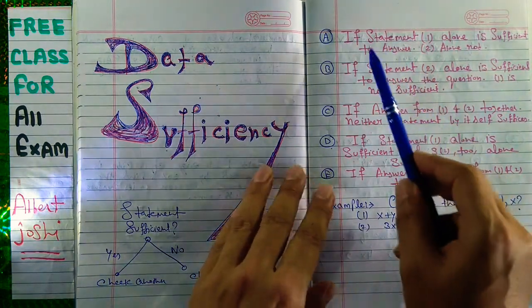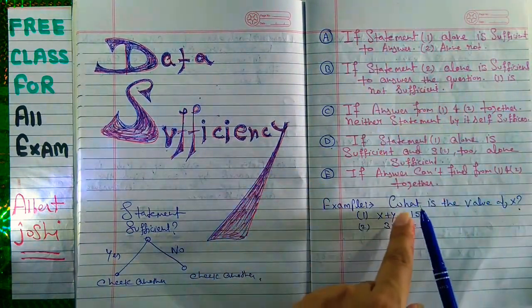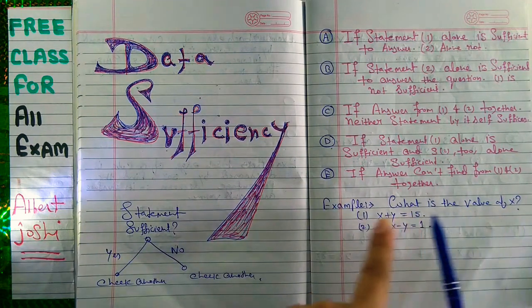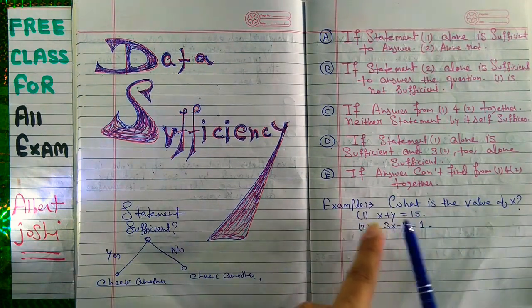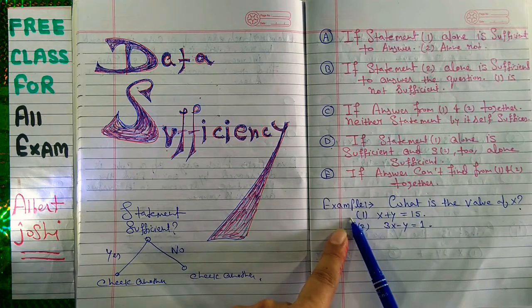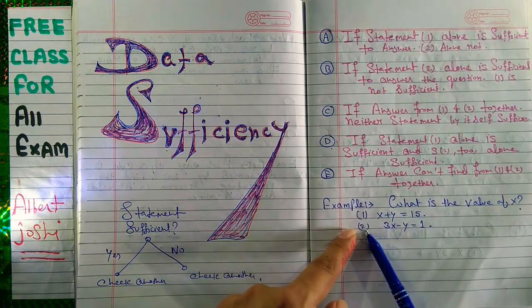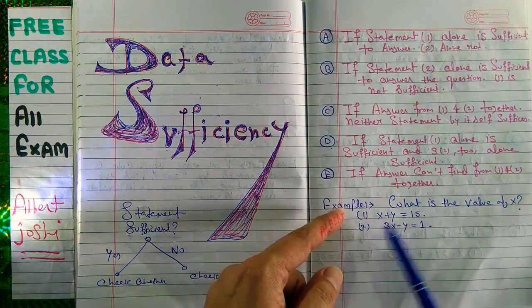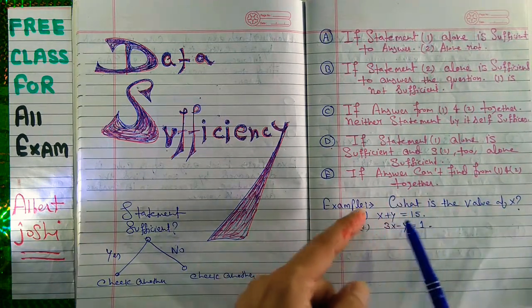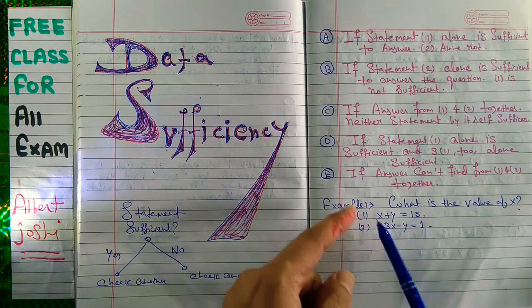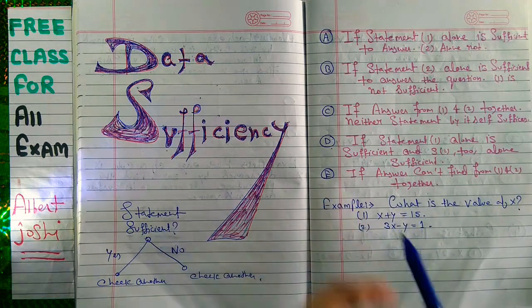So now he is asking what is the value of x. You can find the value of x with the help of statement 1, or statement 2, or both statements, or you cannot find the value of x with any given statement.